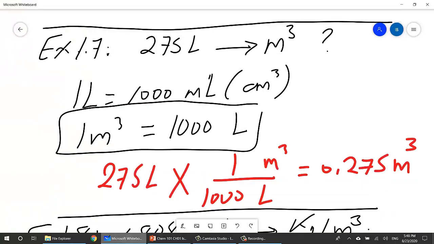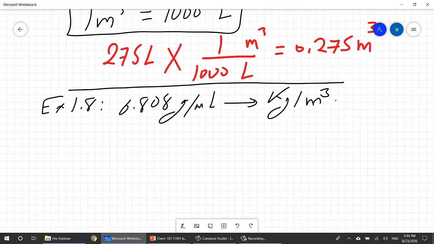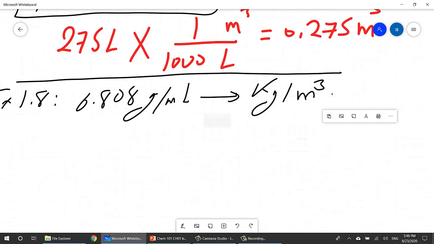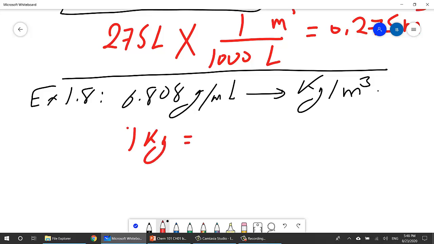So again, I brought this to my whiteboard. I don't know why I keep saying blackboard. It is whiteboard. So we have 0.808 gram per mil to kilogram per meter cube. Now I know that 1 kilogram is 1,000 grams, but I want to go from meter cube into milliliter.